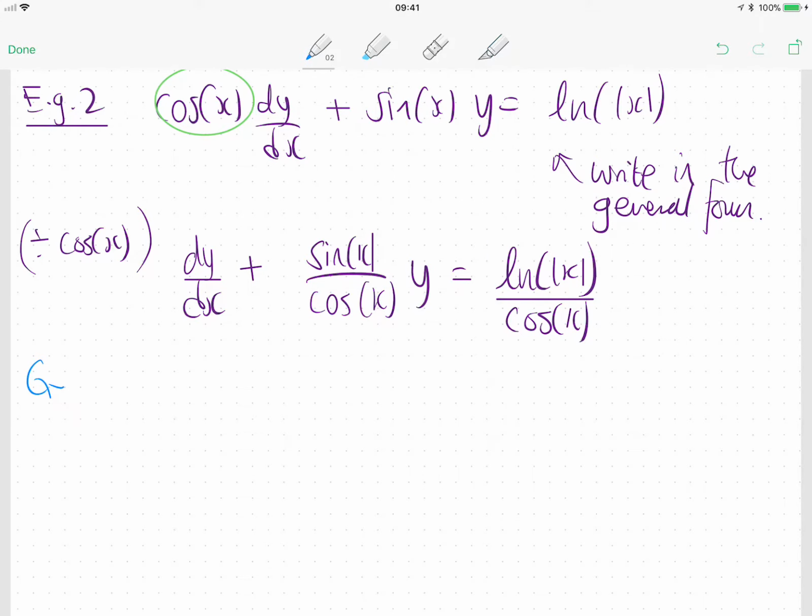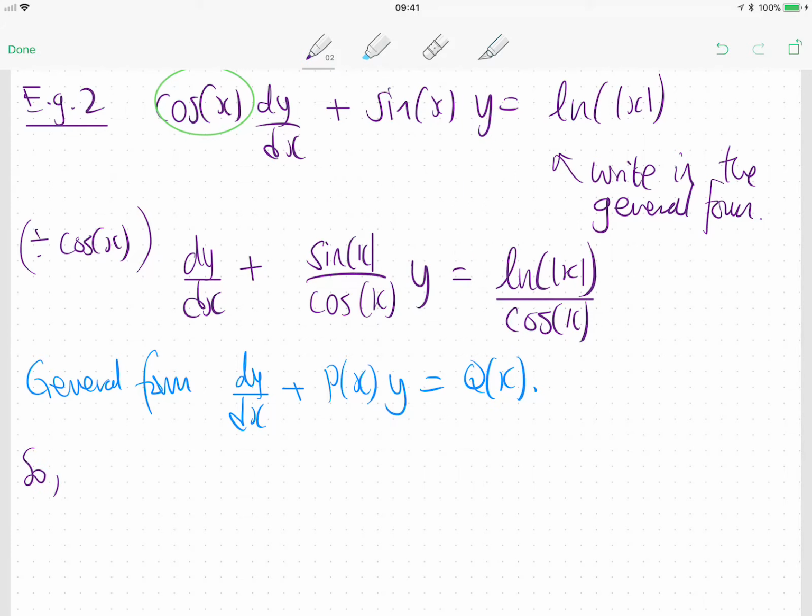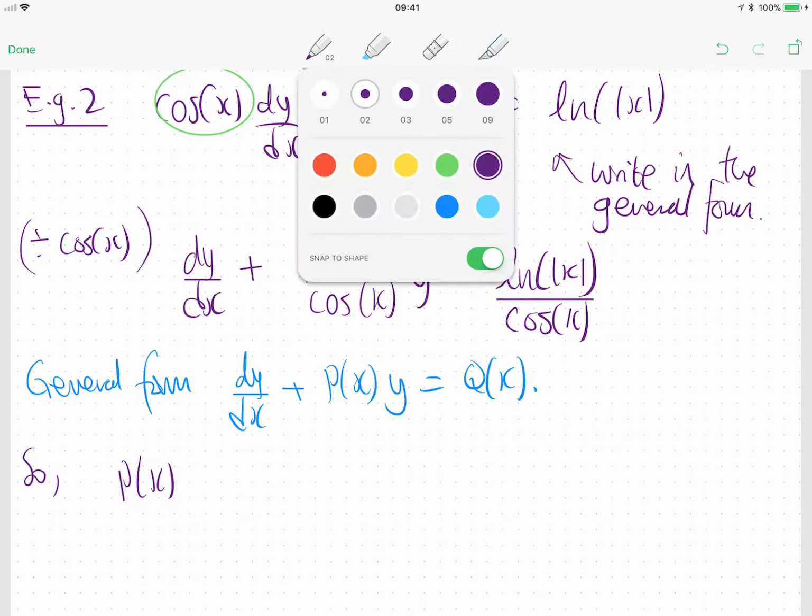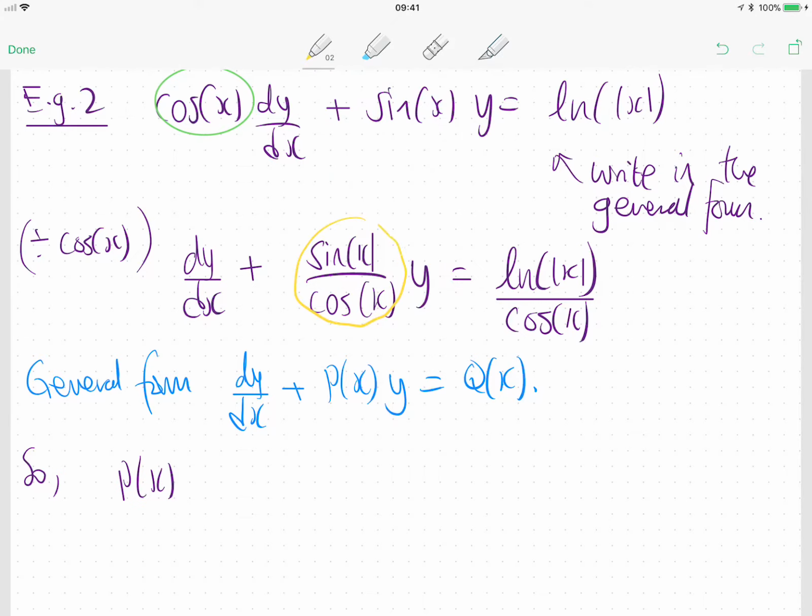we know, is dy dx plus p of x y equals q of x. So in our case, p of x is sine x over cos x. Using some trig, we know this is tan of x.